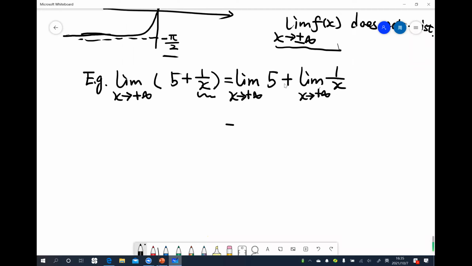So the first limit is always 5 because it is a constant function, right? And the limit of this part is 0, right? So 5 plus 0 equals 5. Can you understand, guys?